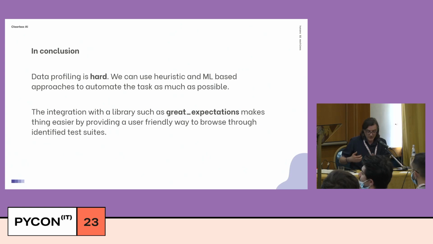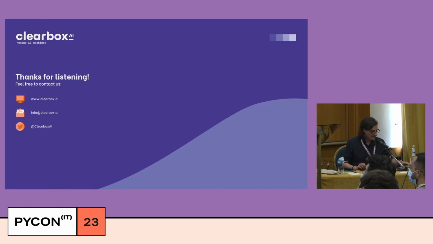And in our opinion, Great Expectations is a great way to allow users to do this fine-tuning, because it's a very understandable and semantically meaningful library, and can allow for an easy check and improvement of this kind of profiling.